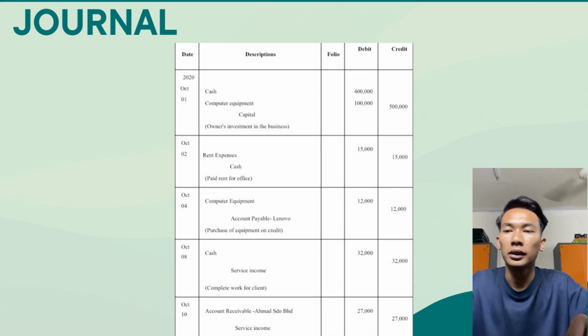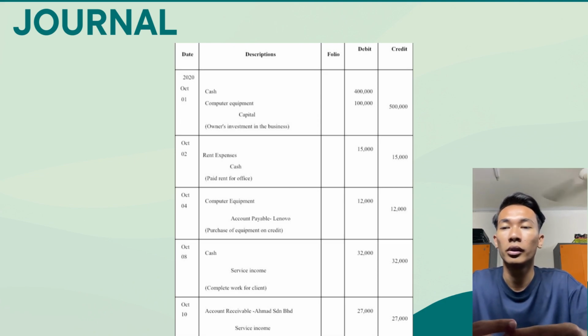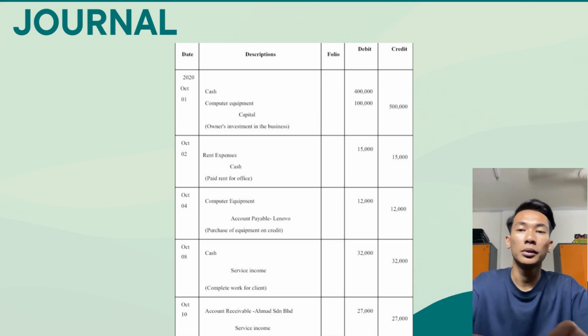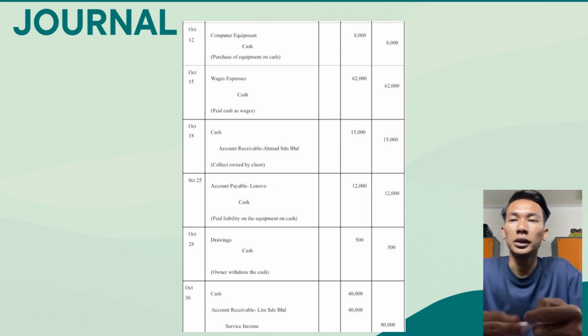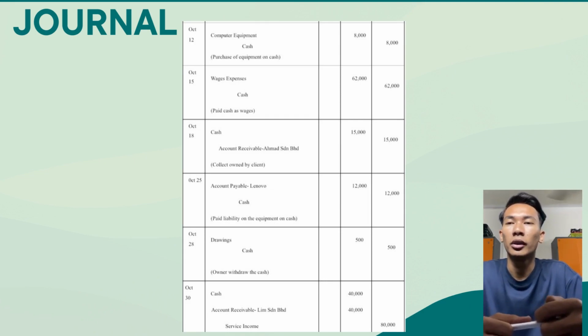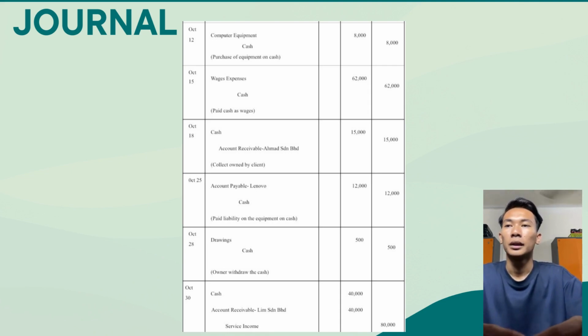On 10 October, account receivable Ahmad Sdn Bhd 27,000 on debit and service income 27,000 on credit. And for 12 October, computer equipment 8,000 on debit and cash 8,000 on credit. The reason is purchase of equipment on cash.